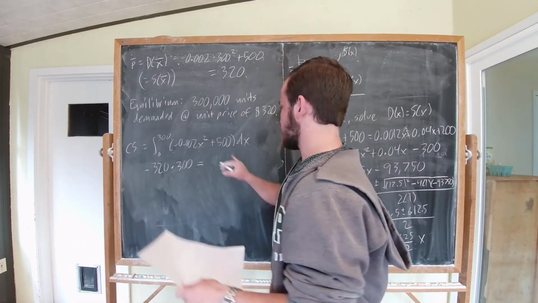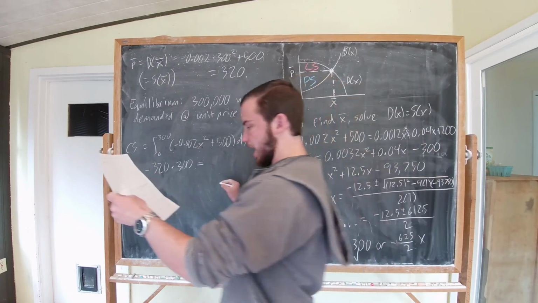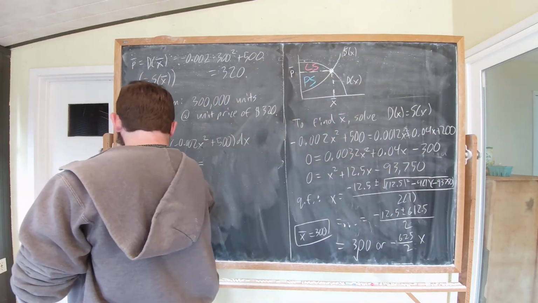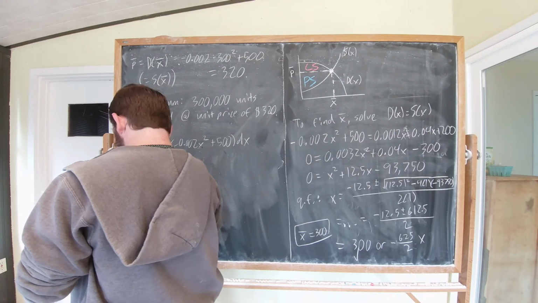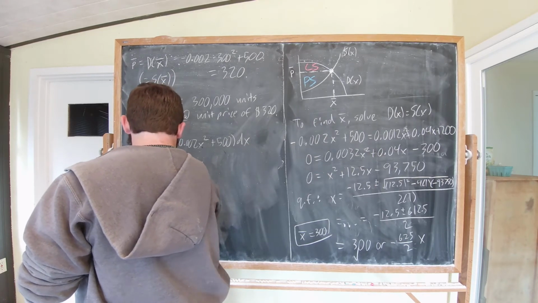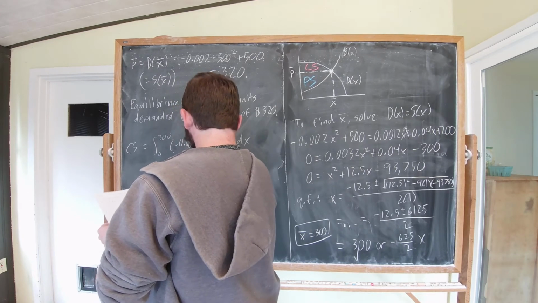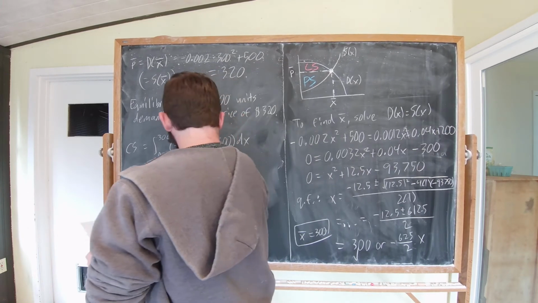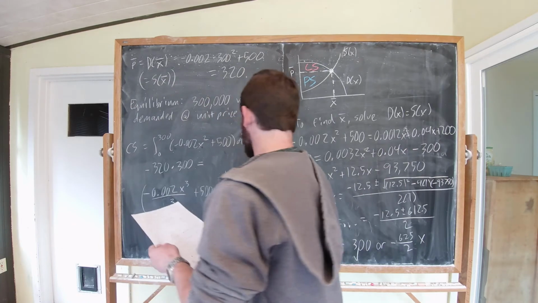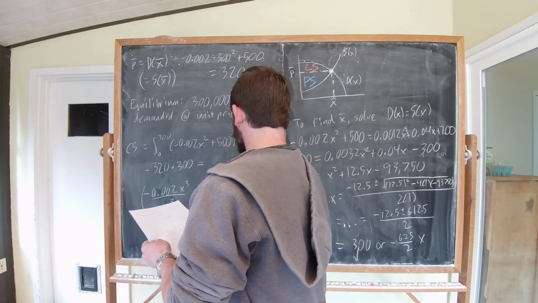Run that integration process, you should end up with negative 0.002x cubed divided by 3 plus 500x evaluated from 0 to 300.